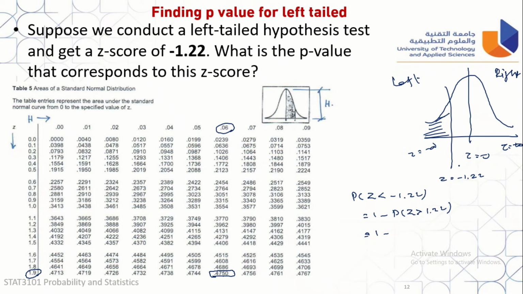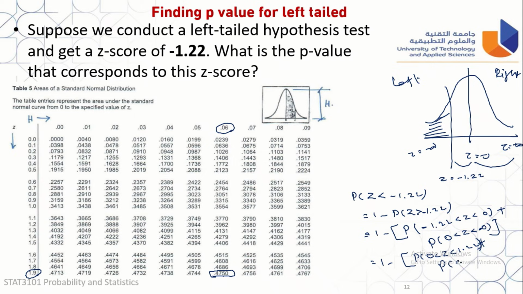So it is, let me put the bracket, probability of minus 1.22 less than z less than 0 plus probability of 0 less than z less than infinity, which is equal to 1 minus probability of 0 less than z less than 1.22, close the bracket, plus probability of 0 less than z less than infinity.